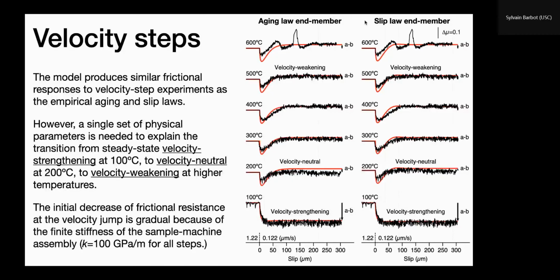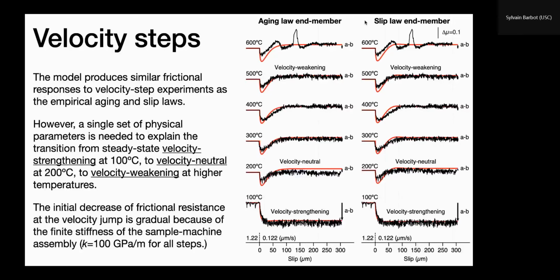So the response of the system is a little bit smoothed. So this is included in the model here by assuming a sample machine stiffness of 100 gigapascal per meter, and that's the same value for all of these experiments.